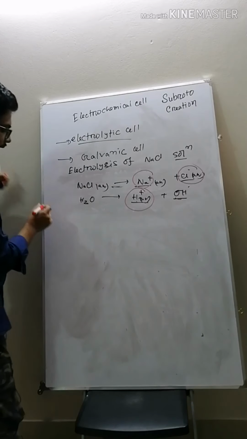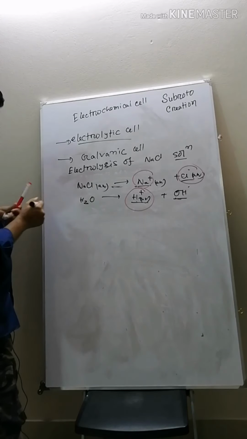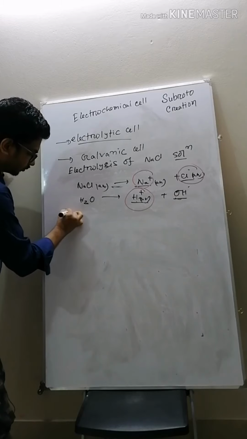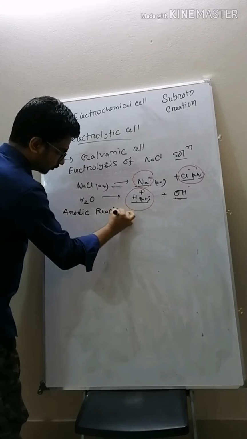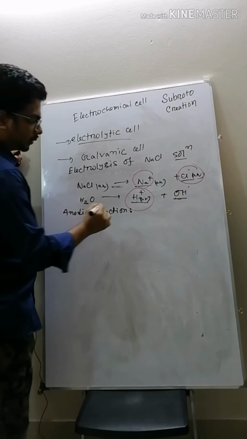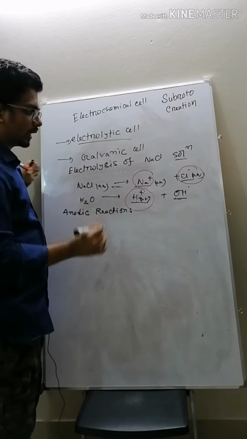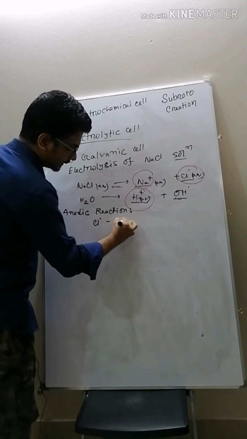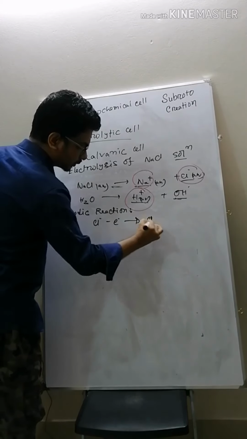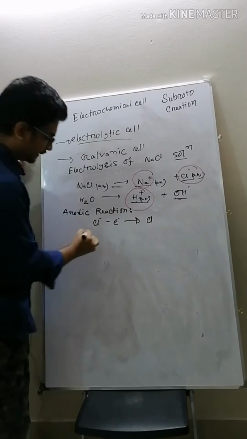Okay, then anodic reaction. In anode, oxidation occurs. That means chloride will donate electron and produce chlorine atom, and this chlorine atom will attach with another chlorine atom and it will produce chlorine gas.